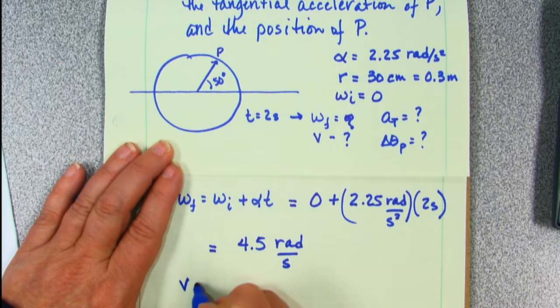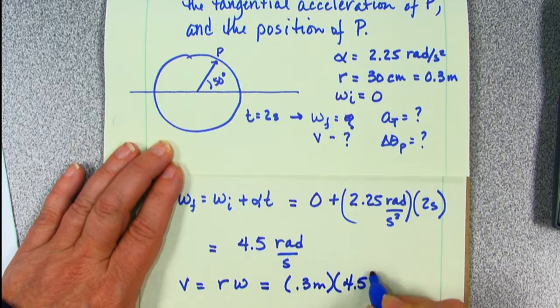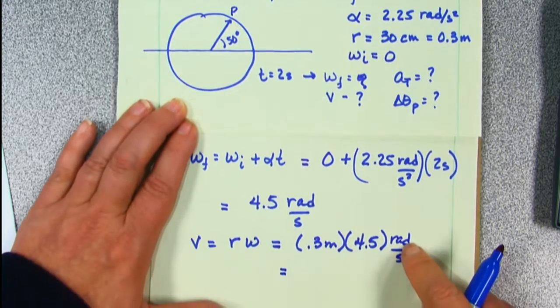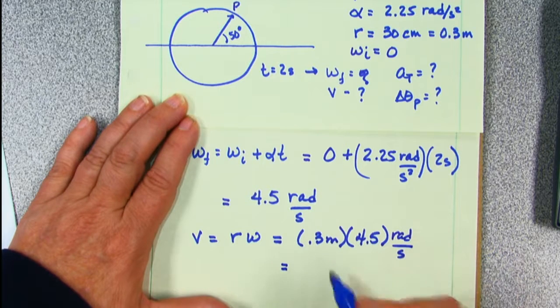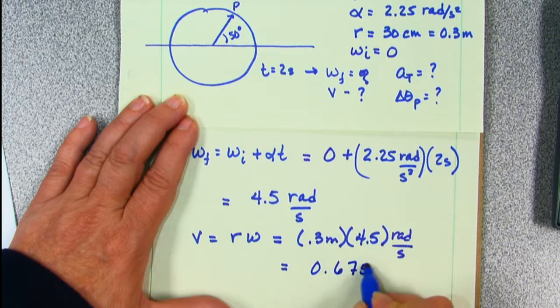Well, v is equal to R omega, so that's just going to be my 0.3 meters times my 4.5 radians per second. This is why we drop the radians, because I'm going to end up with 0.675 meters per second.